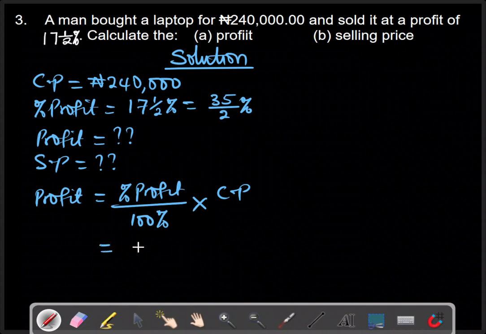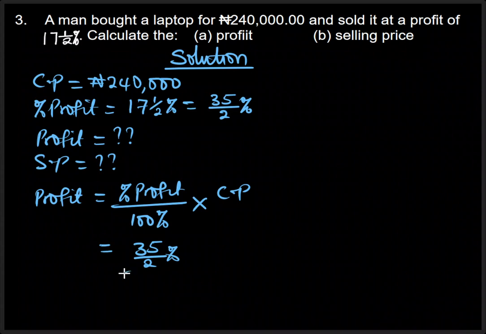So our percentage profit is 35 over 2%. 35 over 2% all over 100% times the cost price, which is 240,000 naira.